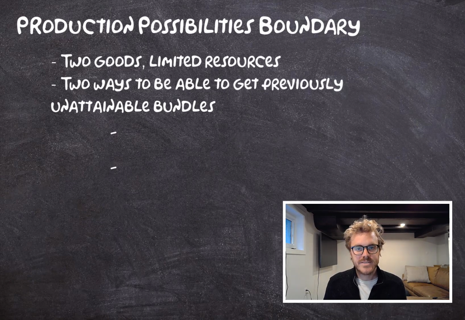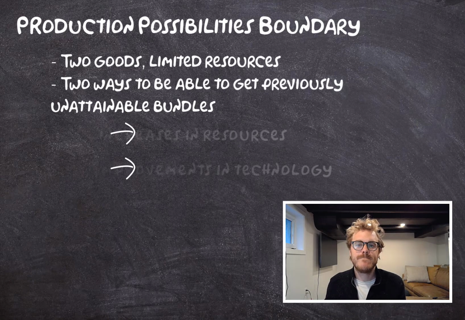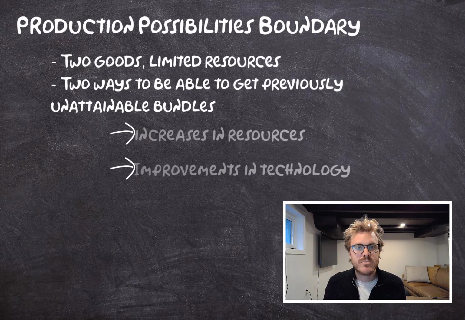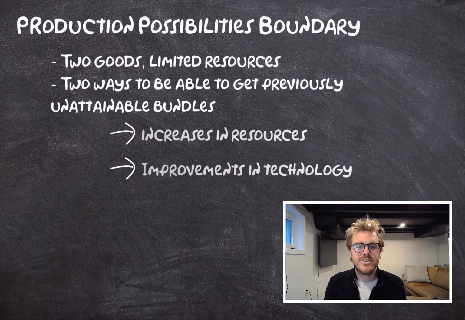Two ways to get outside of our original production possibility boundary are increases in resources or improvements in technology. These are both ways for us to get previously unattainable bundles. Increases in resources will shift the entire production possibility boundary out. And improvements in technology of one good will change the intercept of that good.